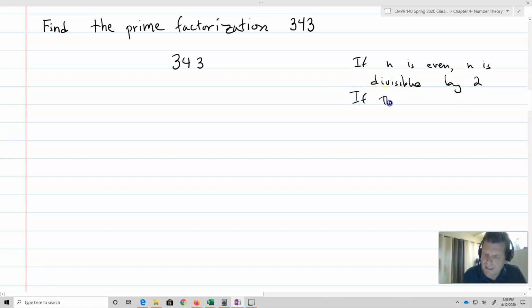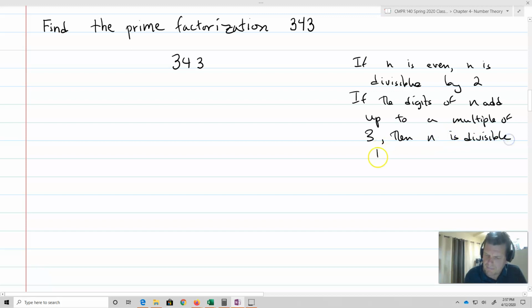If the digits of n add up to a multiple of 3, then n is divisible by 3. So we're going to use those two facts to see if that's the case.